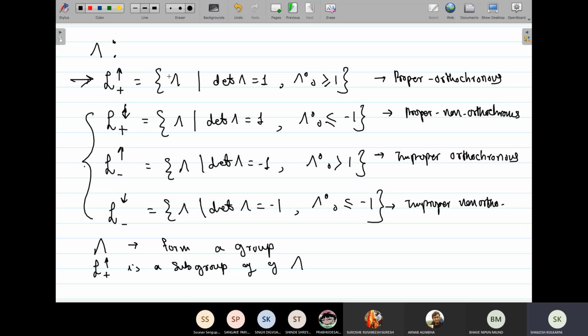Now, just by looking at this classification, one can see the following. Consider a Lorentz transformation, let lambda be an element of L plus up. That means determinant of lambda is 1 and lambda 0 0 is greater than or equal to 1.